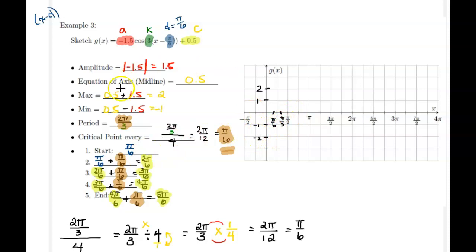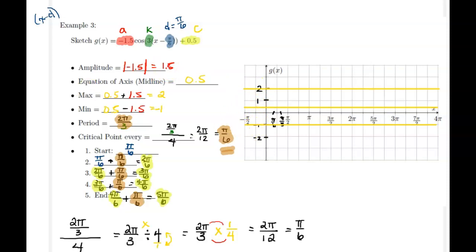So I think that's everything we need now to sketch in some of our key features here. My midline is at 0.5, which is about that. My maximum is at 2, and my minimum is at negative 1. So we are an amplitude of 1.5 apart, right? There's 0.5 and 1, 0.5 and 1.